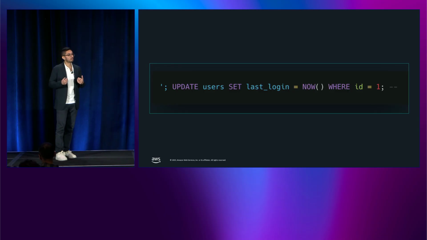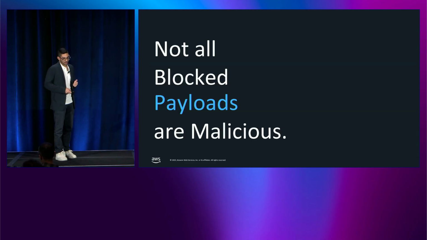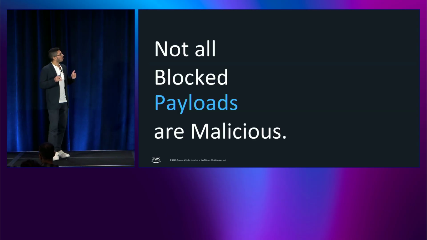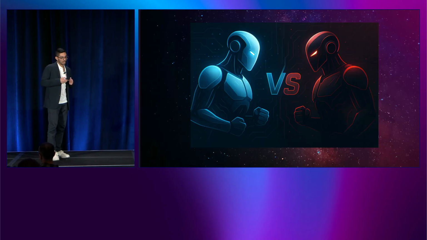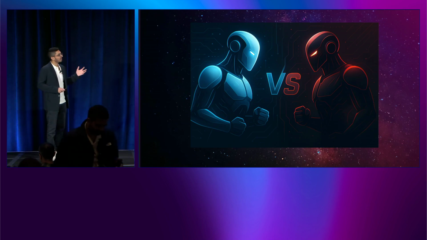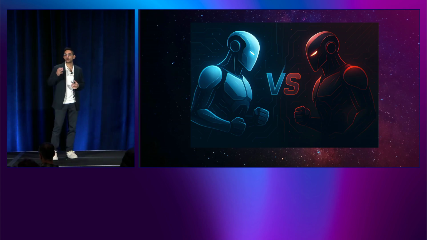And this is not good, because it keeps us from running all the tests that we need to run. So here's the thing. Not all blocked payloads are malicious. And when we think about it, we have converted one problem into another.